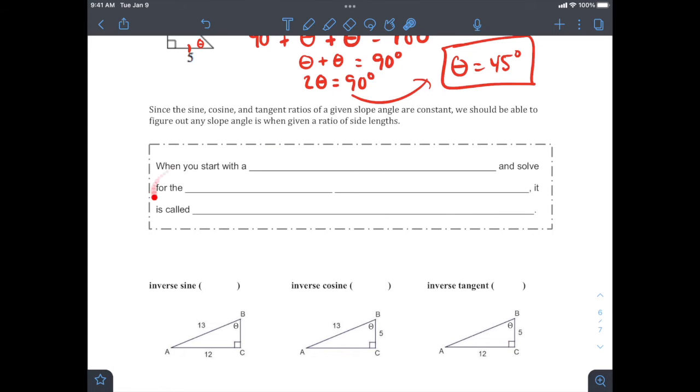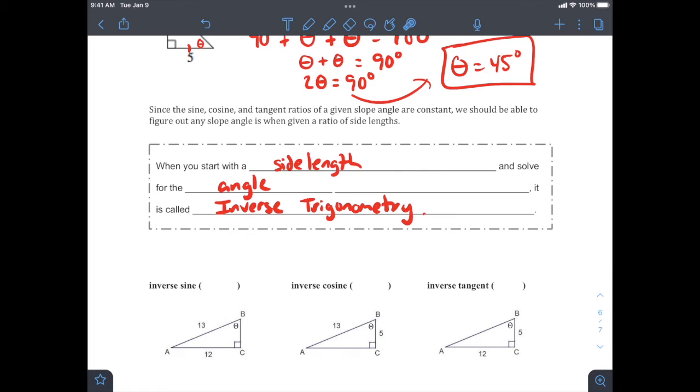So specifically, for this box, when we start with a side length and solve for the angle, this is called inverse trigonometry, which is the title of today's notes. So again, if you are starting with a side length and you're solving for an angle, this is what's called inverse trigonometry.